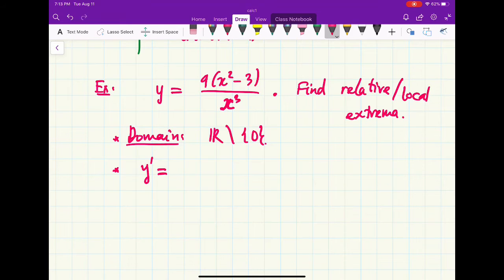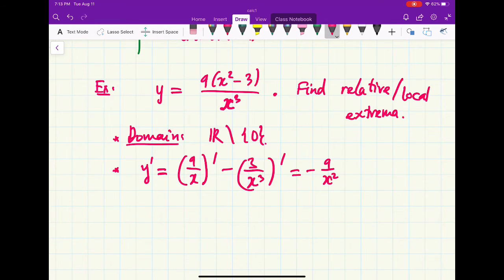In order to find the derivative, I can break this function into two functions because I don't want to use the quotient rule. So I have the derivative of 9 over x minus the derivative of 3 over x cubed. I have negative 9 over x squared, because the derivative of 1 over x is negative 1 over x squared.